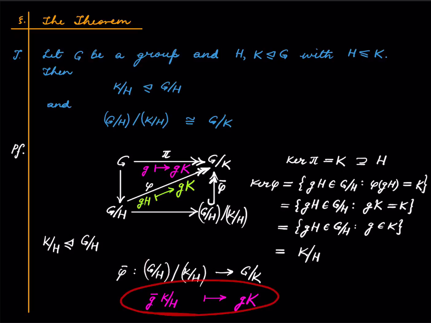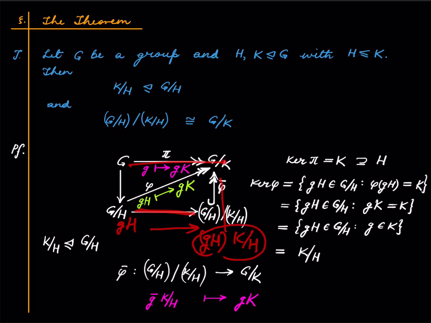So that's what this map is. If you just figure this out, that's what that map is, because what is GH here going to via this map? This is the natural projection map for this quotient. So this goes to GH K mod H, and then that goes to pi of G, which is GK, because of all this commutativity. So basically that's the map.